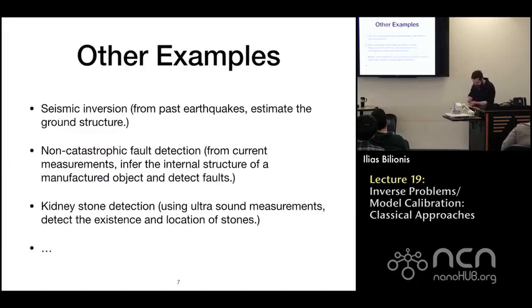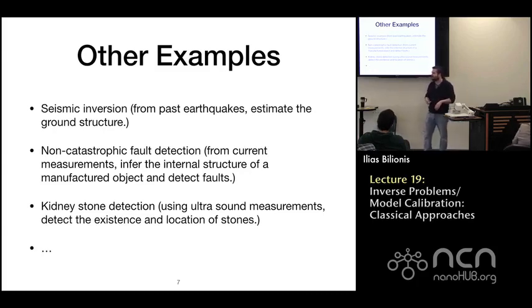Anyway, so here's a bunch of other inverse problems that you may have heard of or not. Seismic inversion. So this goes as follows. You have data from past earthquakes. Basically, you have sensors measuring the acceleration of the ground at various points, let's say in California, and you have data for the past 40 years, and you want to use this data to characterize what the ground looks like.